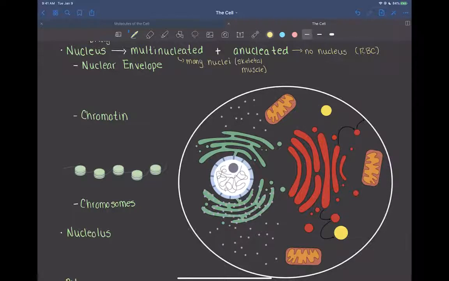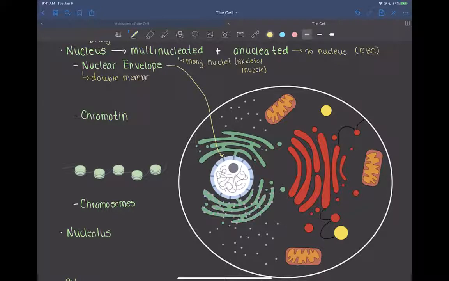All right, so then when we look at the nucleus, it has kind of an outer layer, right? So if this is our nucleus, that outer layer is called the nuclear envelope, okay? The nuclear envelope is a double layer of phospholipid bilayer, so it's a double membrane.